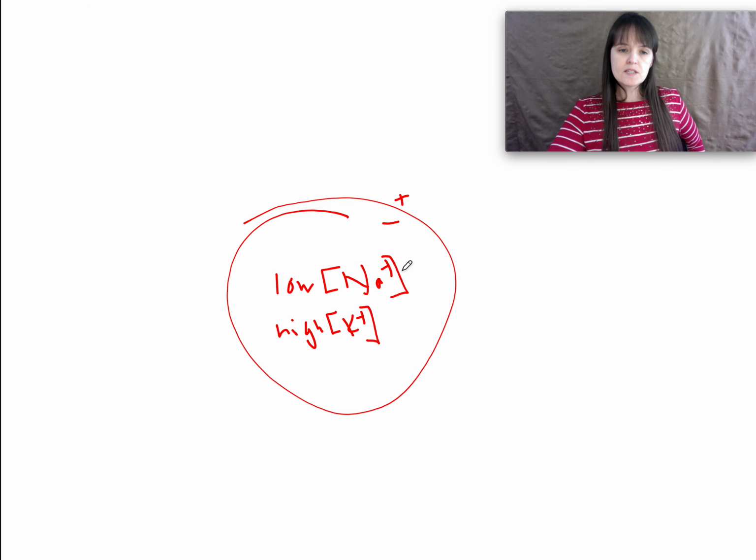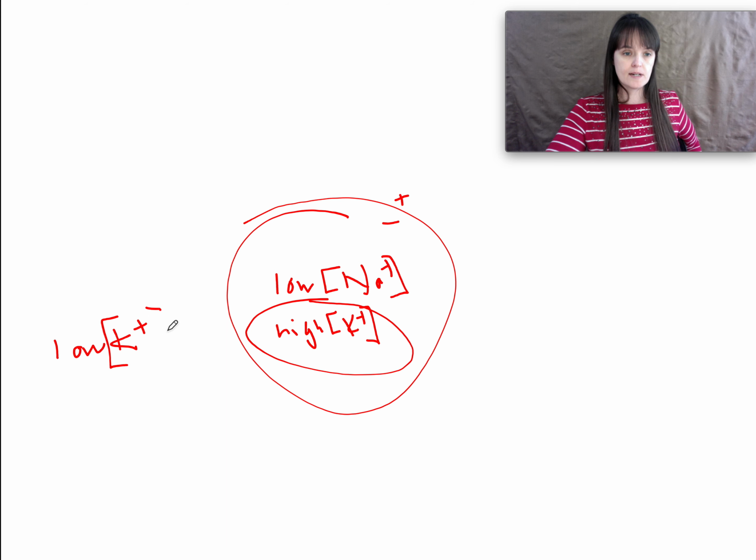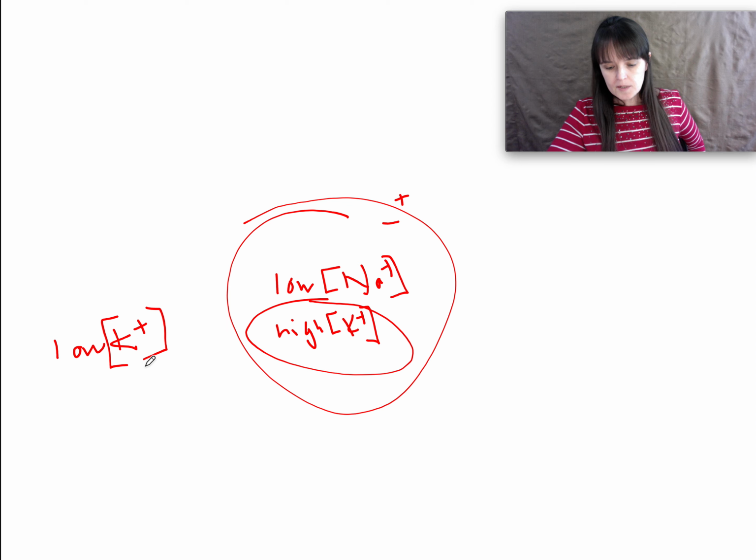So if ions move from an area of high concentration to an area of low concentration, we know that potassium ions are high inside the cell and low outside the cell. We would expect the chemical gradient, which is the concentration gradient, to drive it.